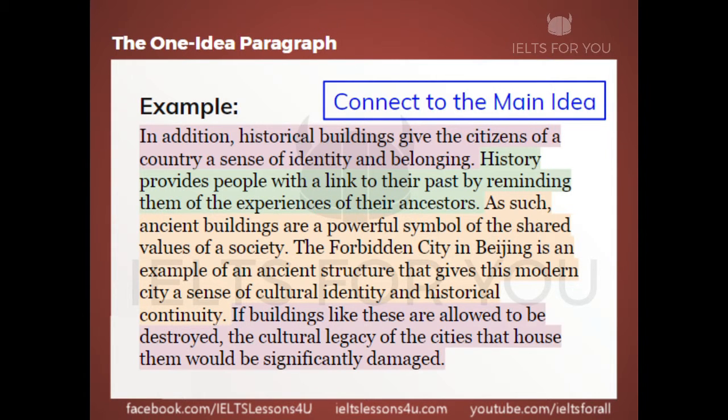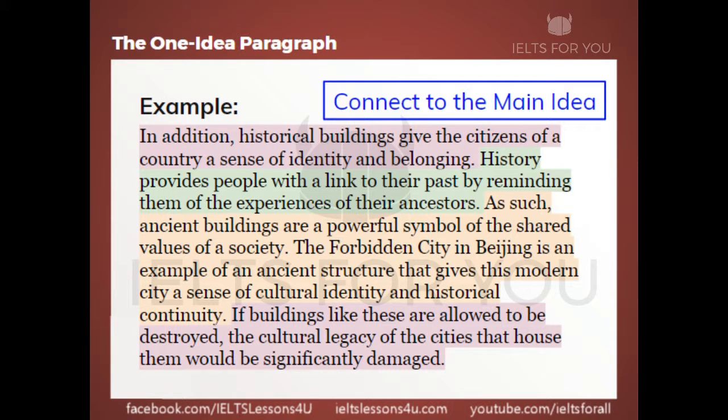And we want to close with a connection back to the main idea of the paragraph. Okay, so remember the main idea, sense of identity and belonging. So if buildings like these are allowed to be destroyed, the cultural legacy of the cities that house them would be significantly damaged.